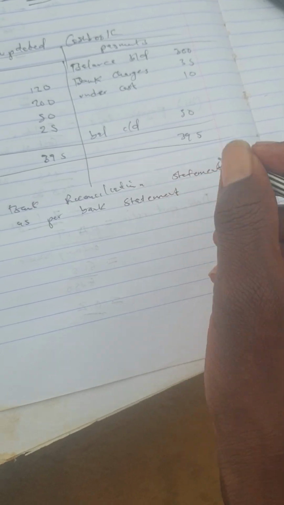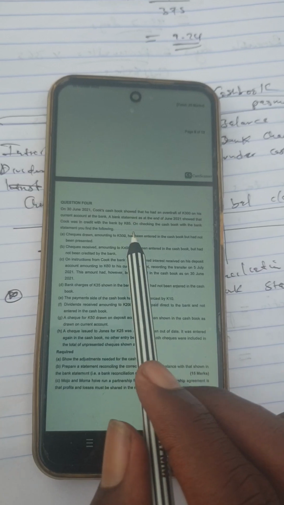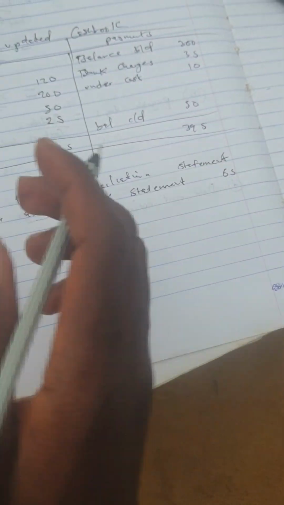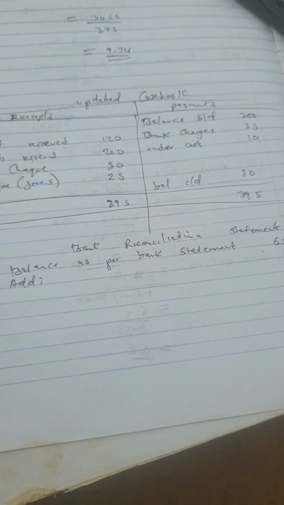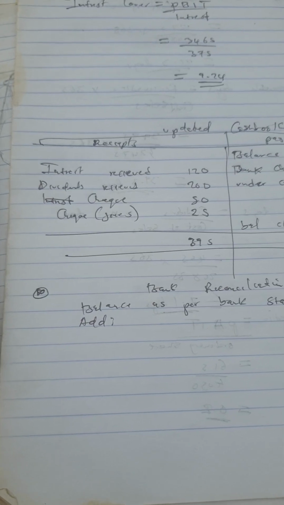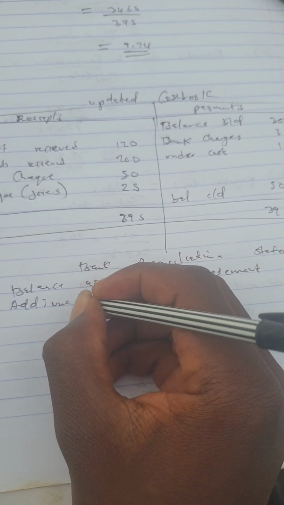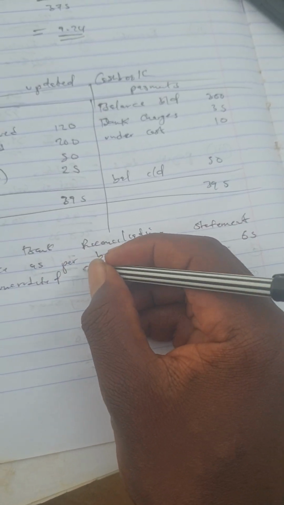So the balance as per bank statement in the question was 65. So we're going to start with the 65, and we are going to add our uncredited checks. If we started with the balance as per updated cash book, we're supposed to add our unpresented checks. But since we started with the balance as per bank statement, we're going to add our uncredited checks.